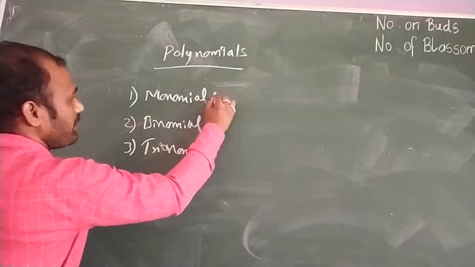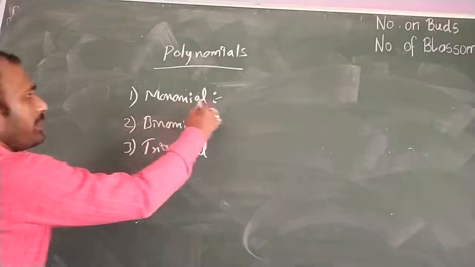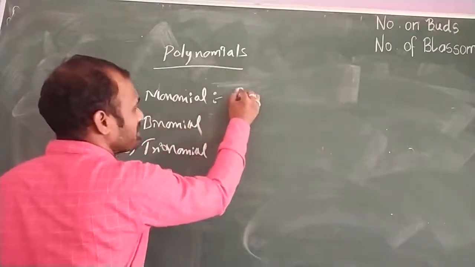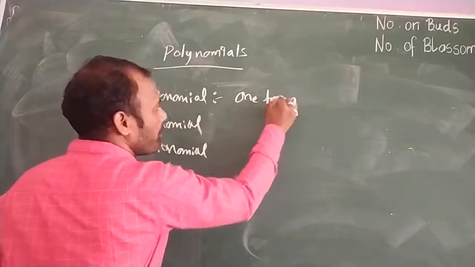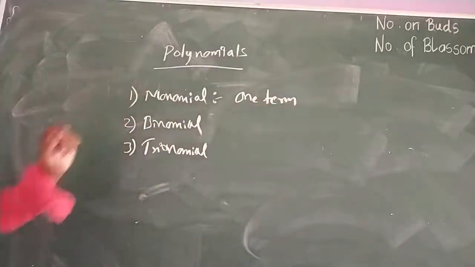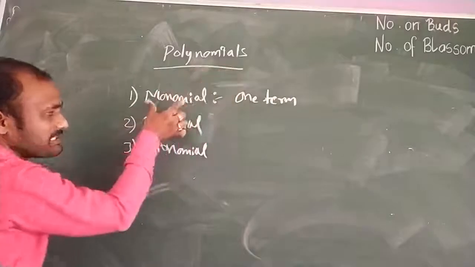So first let us learn about monomial. If a polynomial is having only one term, you have to call that polynomial a monomial.